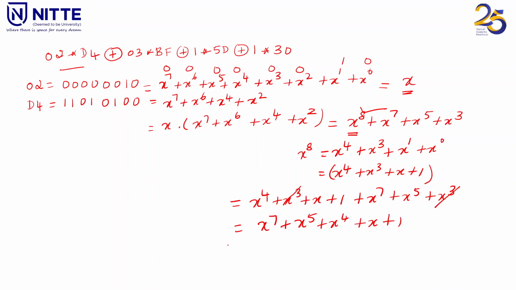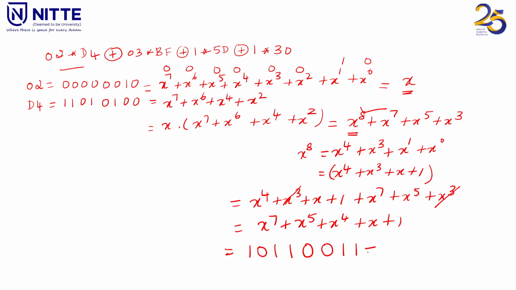So this now I'll convert into binary form. That is 1 for x to the power of 7, x to the power of 6 is 0, x to the power of 5 is there, x to the power of 4 is there, then x to the power of 3 is 0, x to the power of 2 is 0, and x to the power of 1 is here, and x to the power of 0 is 1.